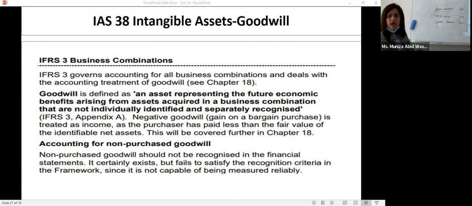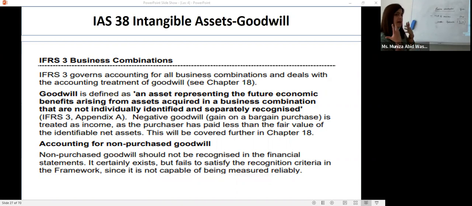Now the goodwill which is not purchased is not going to be recognized. What they say is, non-purchased goodwill should not be recognized in the financial statements. It certainly exists, but we are not able to separate it from the existing assets of the company. It is somewhere hidden in the existing assets of the company.